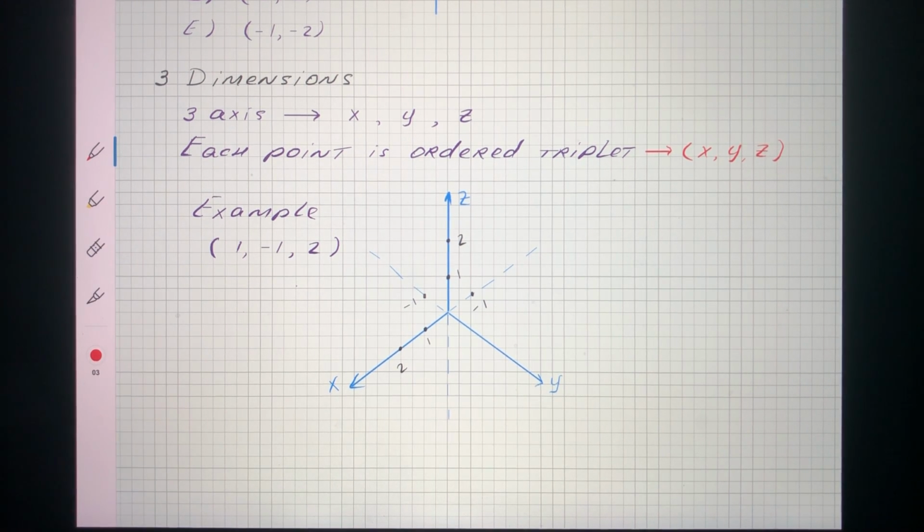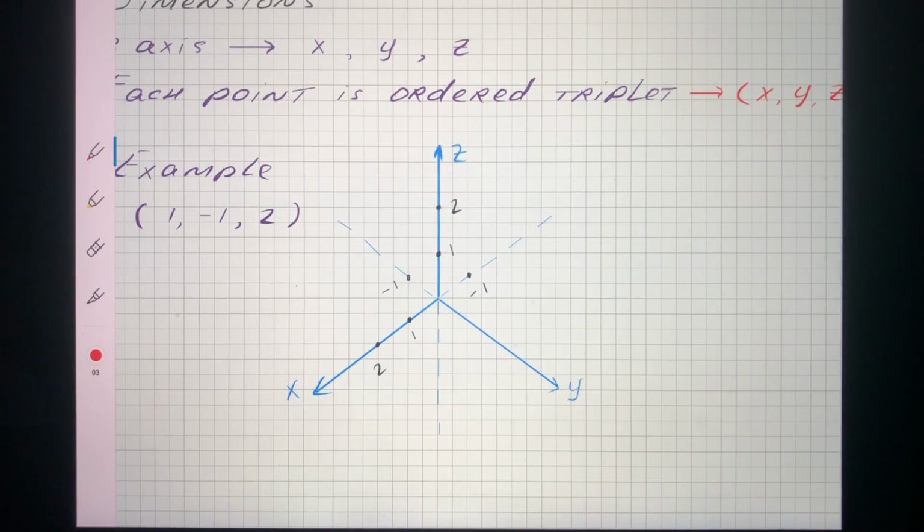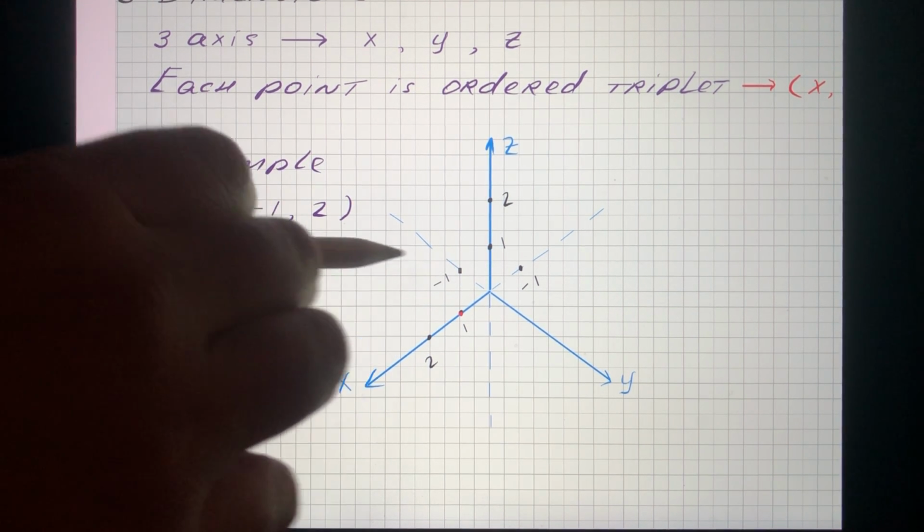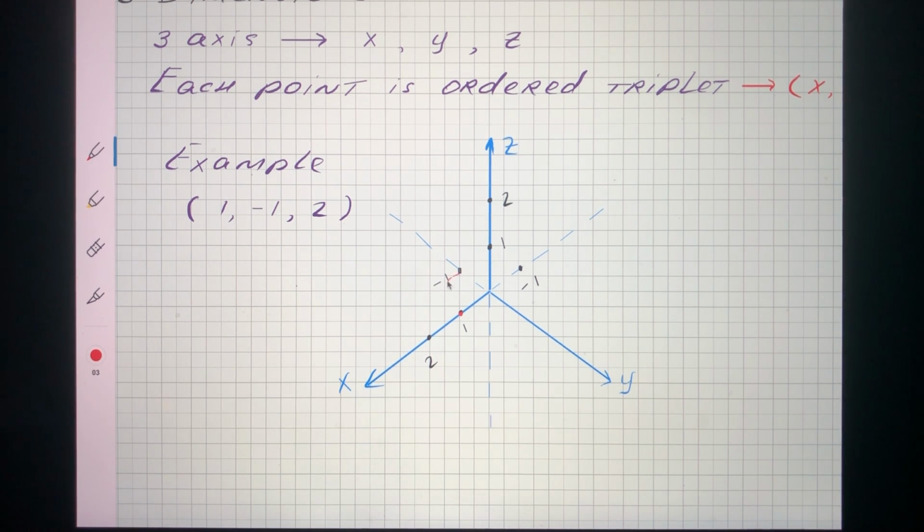So here goes the grid. Let us zoom in a little bit. So first we go 1 on the x, that is here. Then from this point we go to where the 1 and -1 cross. So here is the place, this corner is where the x is +1 and y is -1, so we will be here.